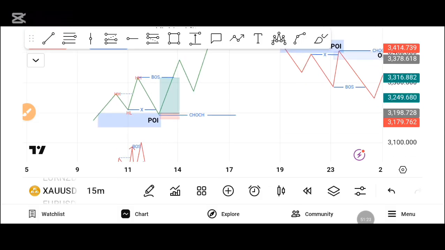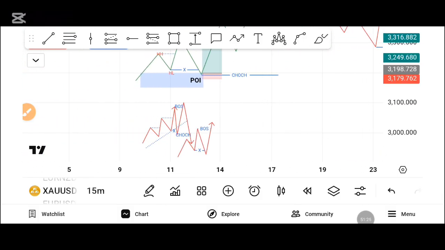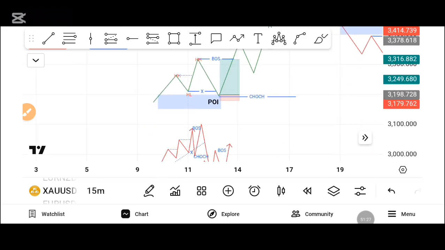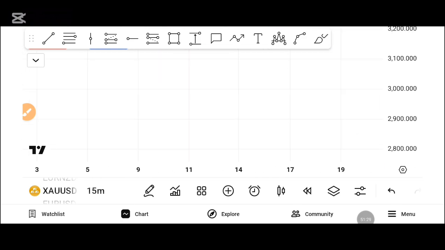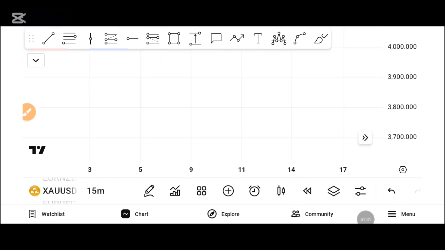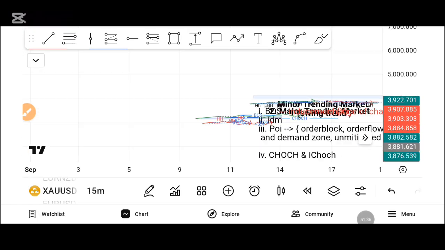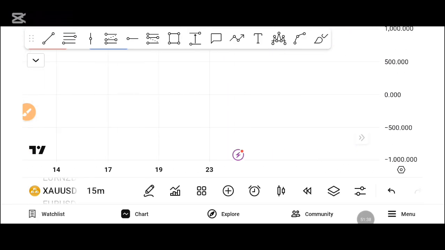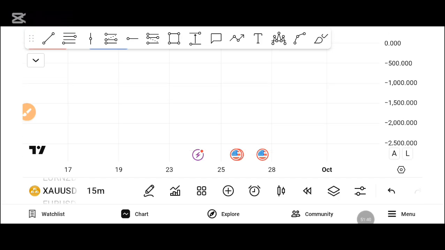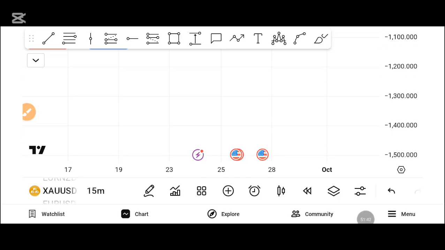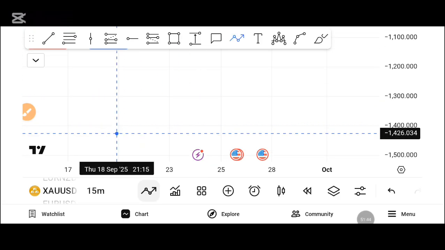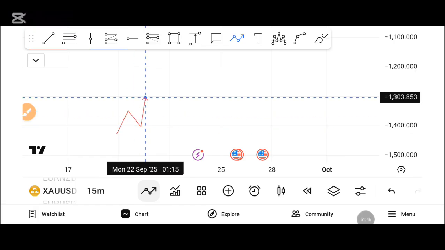An example of liquidity can be your trendline. This is liquidity build up.